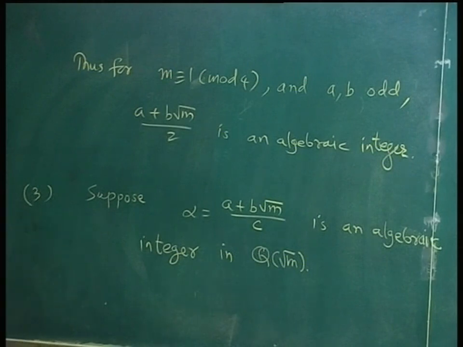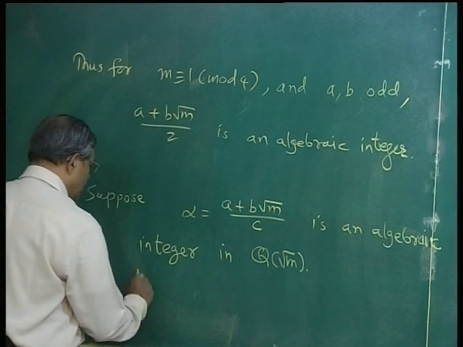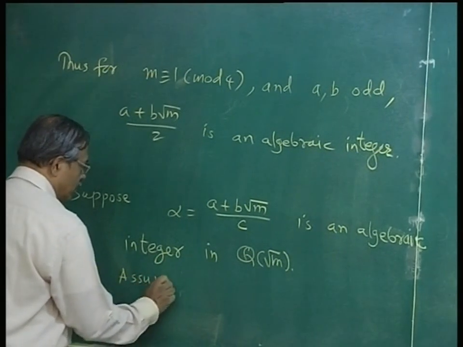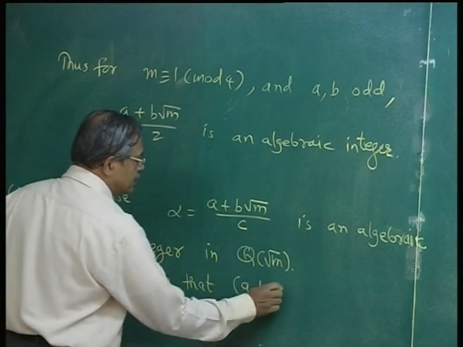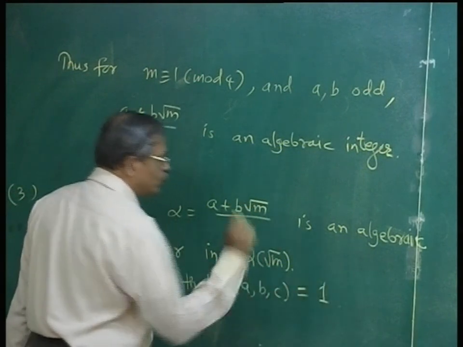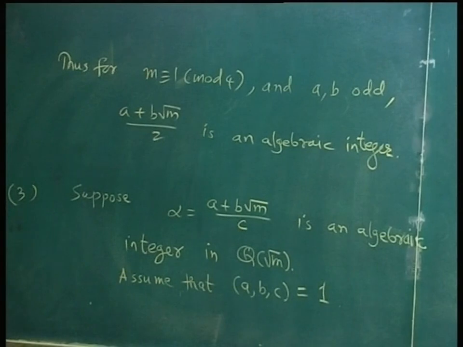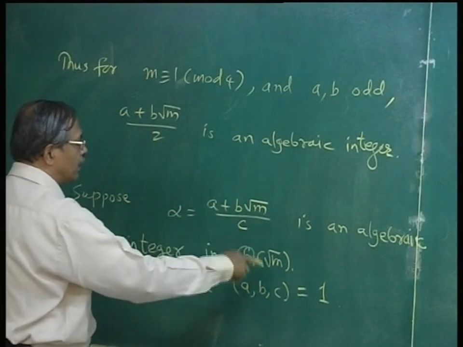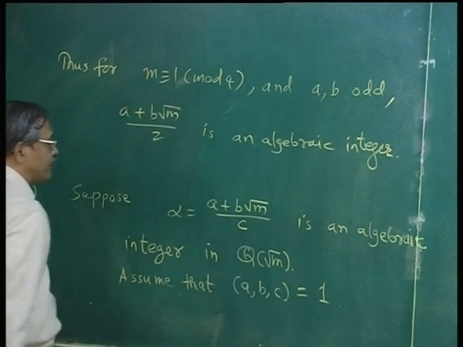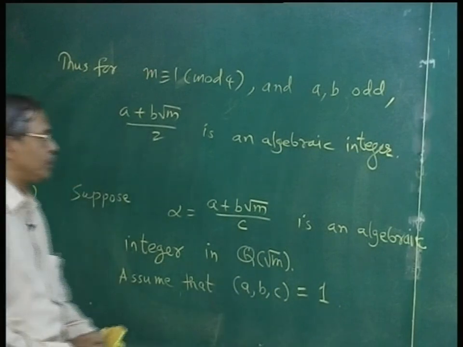Start with an algebraic integer and assume that the GCD of a, b, c is 1. Because if there is some common factor, we can just cancel it and have alpha in this form.